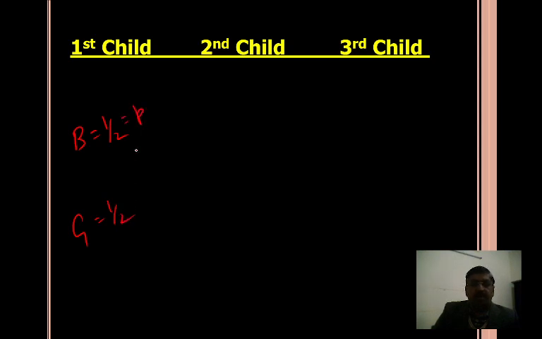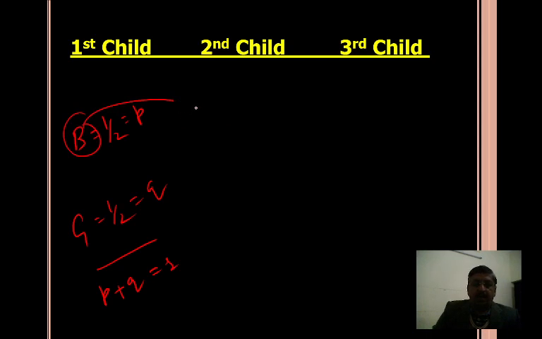Let's name them P and Q for mathematical calculation. So here we can see that the sum of all the probabilities, for becoming boy or girl, will be equal to 1. So P plus Q equals 1. After the first child, it might be possible that another boy came as a second child, and similarly, it might be possible that a girl could come. So these are the 2 cases after this boy.